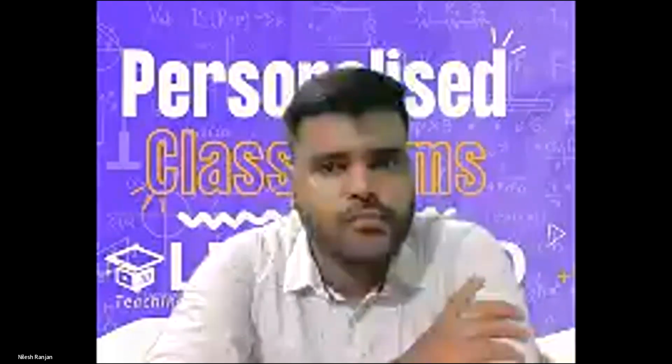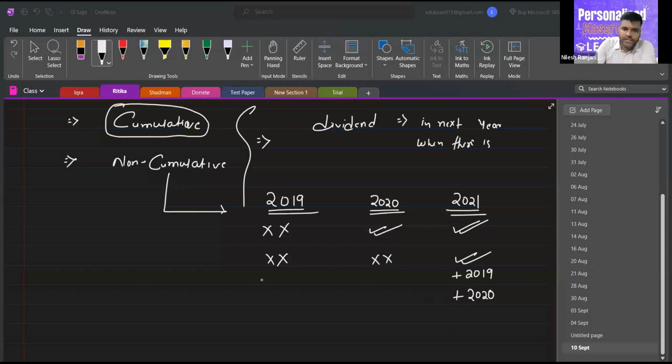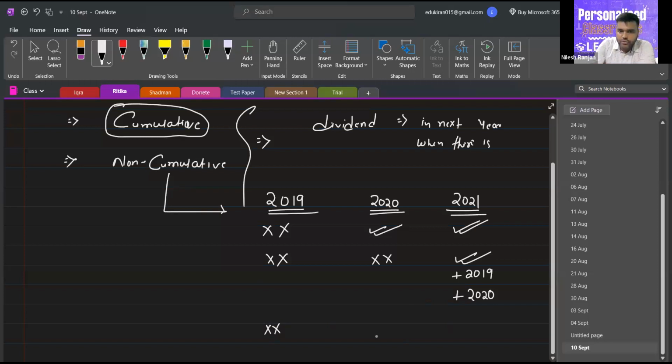Yes, sir. So, sir, if in 2020 we get the dividend and the cumulative profit, in 2021 will we get the profit of only 2021, or will that also be added? Okay, so you were saying that in 2019 you didn't get anything, and in 2020 you get the dividend.